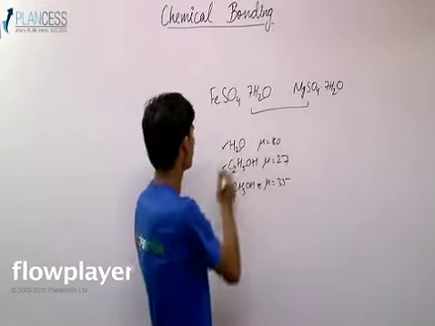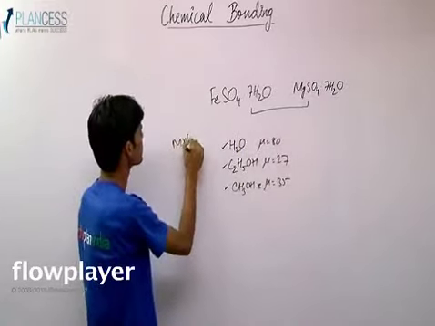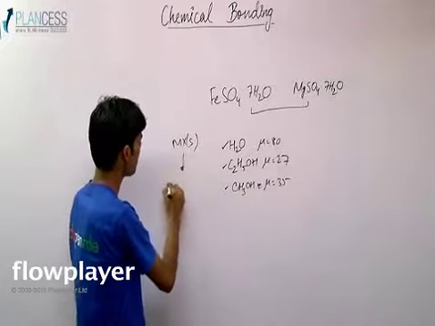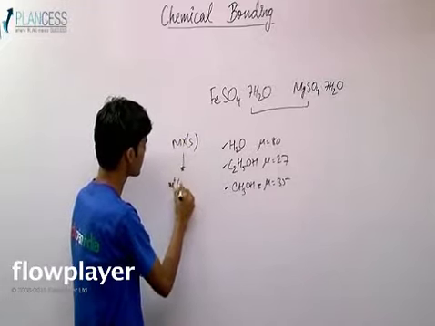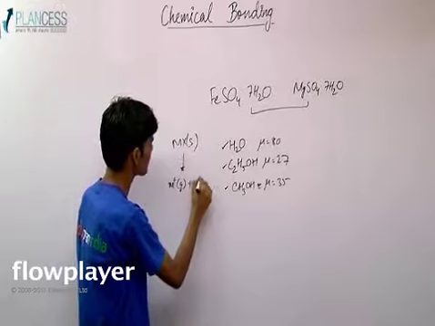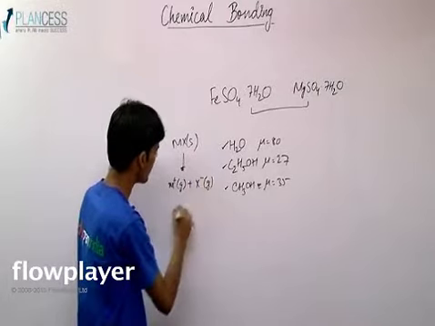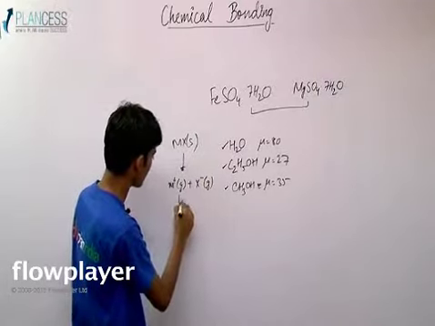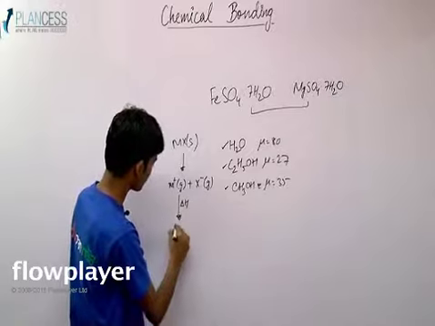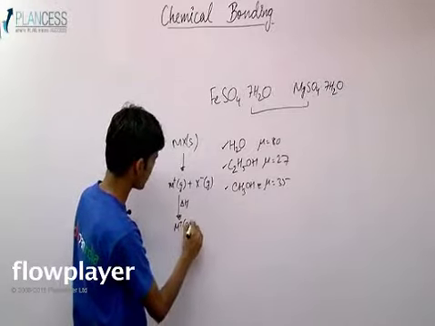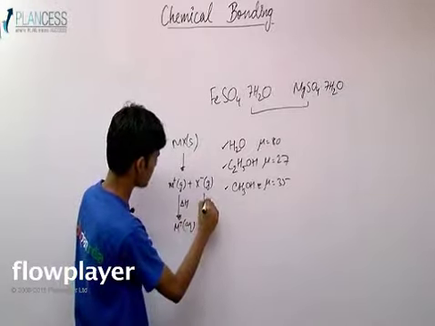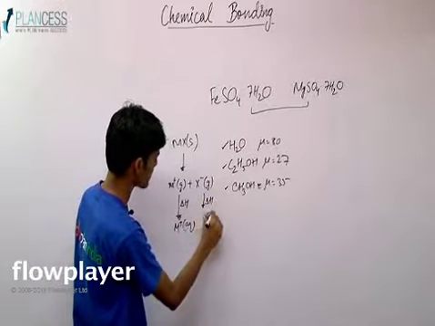Because it is in solid form MX, we have to break it into M+ gaseous plus X- gaseous, and then there would be a heat of hydration for it which will turn it into M+ aqueous and X- aqueous.